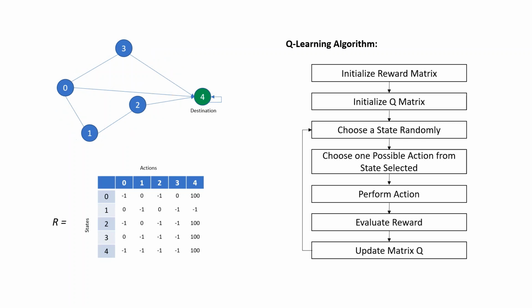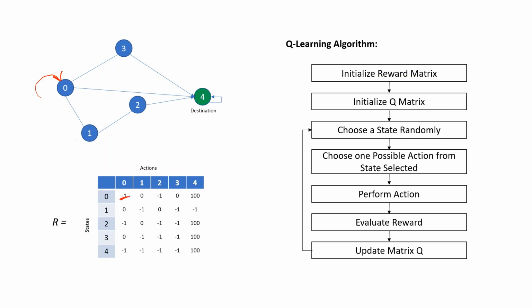Here, the horizontal axis shows actions and the vertical axis shows states. So there might be 5 states from 0 to 4, and there will be 5 actions, again from 0 to 4. So let's talk about state 0. If the agent is on state 0 and the agent goes from 0 to 0, that is not appreciated. Hence, we put a -1 here.